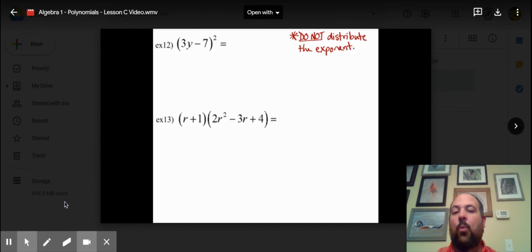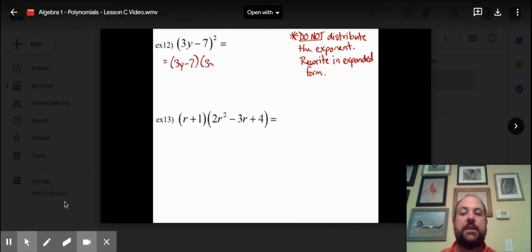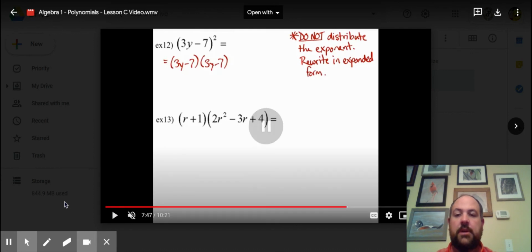Instead, what we're going to do is rewrite the expression in expanded form, which means I'm going to take 3y minus 7 squared and think about if it's squared, that means I actually have the same quantity twice. And I'm going to distribute, basically double distribute, or FOIL in this case. I'm not going to just square both terms. I have to rewrite it, and then I have to FOIL it.